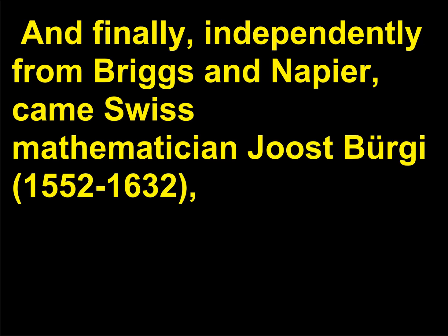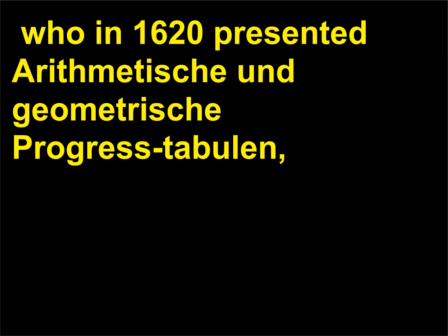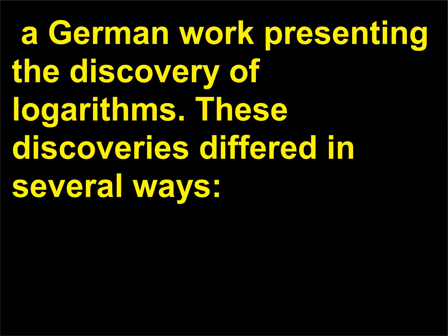And finally, independently from Briggs and Napier, came Swiss mathematician Jost Bürgi, 1552 to 1632, who in 1620 presented Arithmetische und Geometrische Progress-Tabulen, a German work presenting the discovery of logarithms.